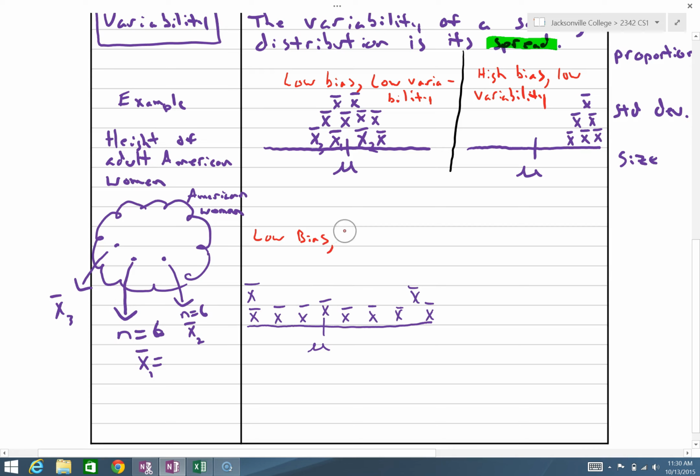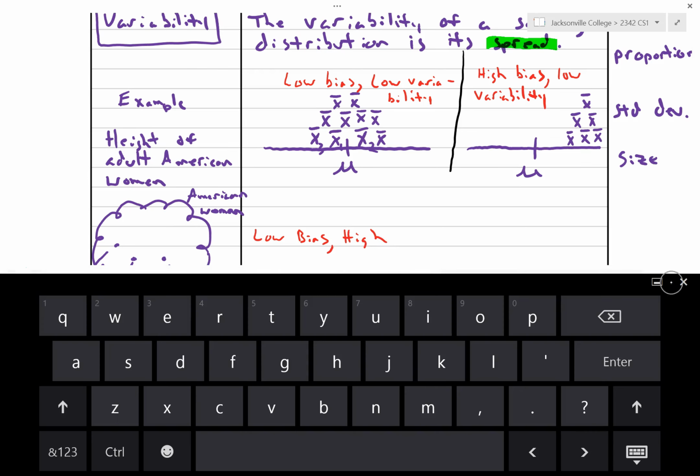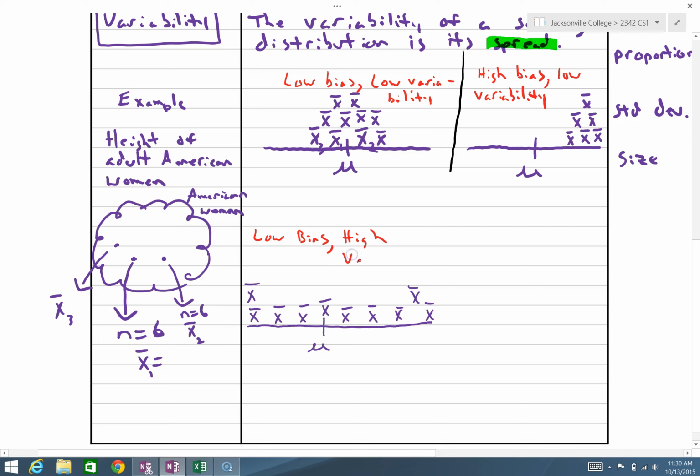Bias deals with center, but it's high variability. It's spread out. Our statistic is quite variable. It changes a great deal. We had one that was very high and one that was very low.